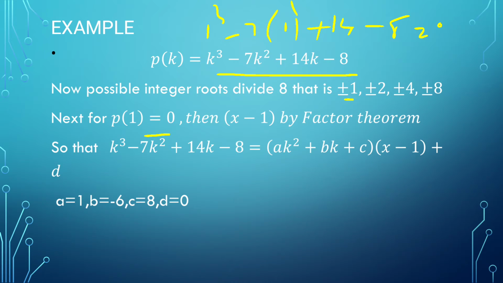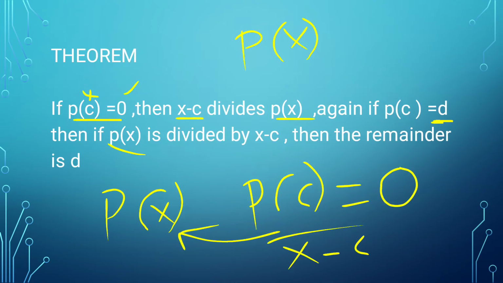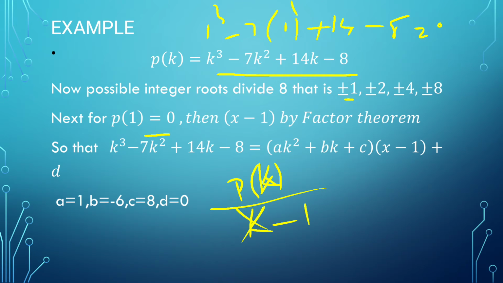So what do we want to demonstrate? I want to demonstrate whether this x minus c, which is 1, divides P(k). So we need to have P(k) divided by k minus 1. If this divides our equation, there will be no remainder. The remainder will be 0 in our case here.